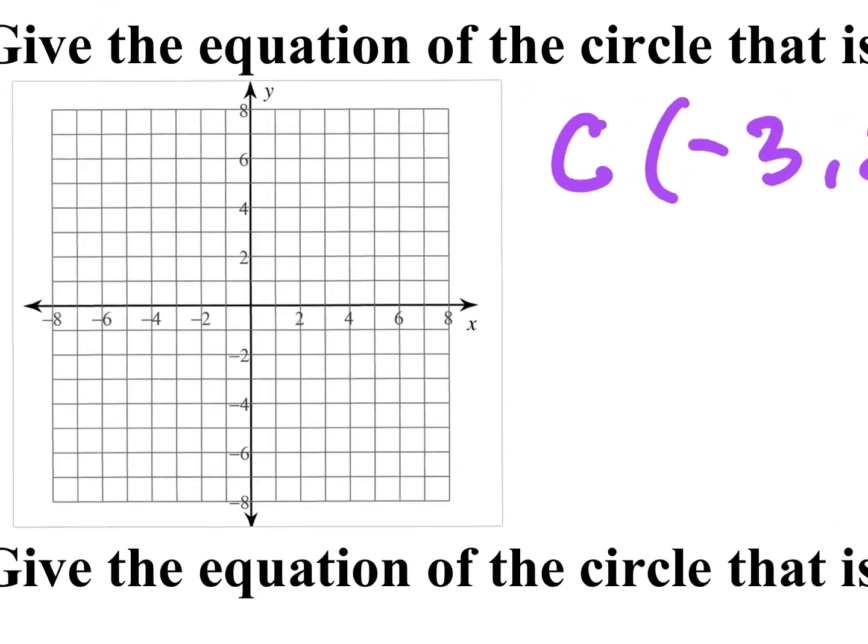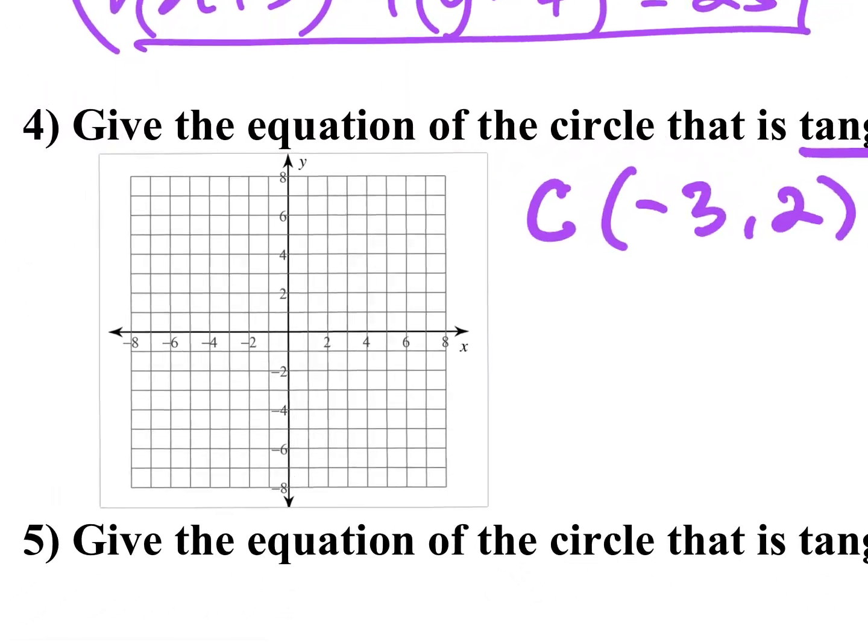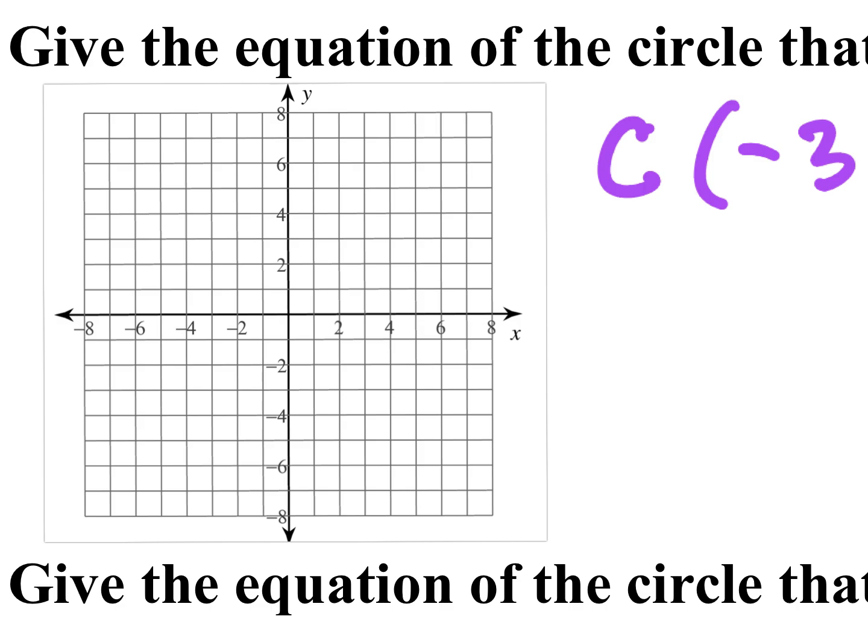Now let's enlarge this graph. So the center is negative 3, 2. Let's look at that part. Negative 3, that's going to be 1, 2, and 3. And then 2. And then it says that it's tangent to the y-axis.